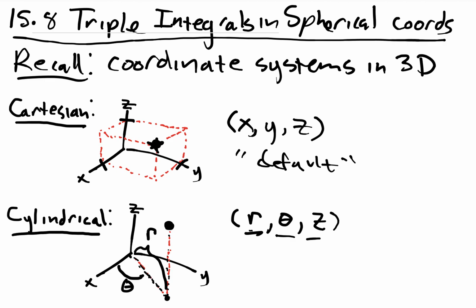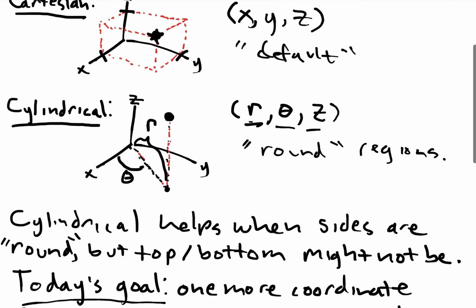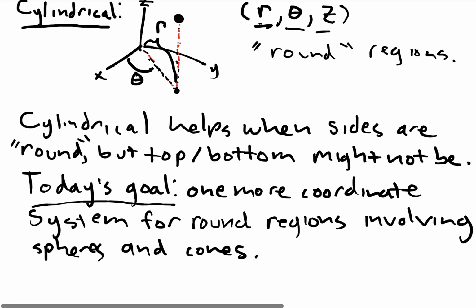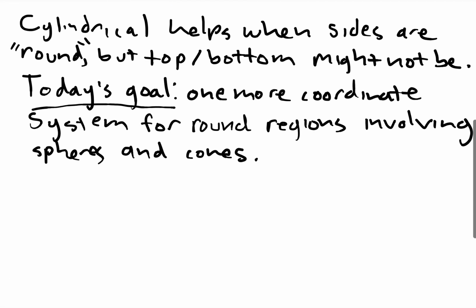On the other hand, we mentioned that cylindrical is good for some kinds of round regions. We've noted that cylindrical helps us when the sides are round, and your top and bottom might not necessarily be. We did leave our z coordinate completely alone.